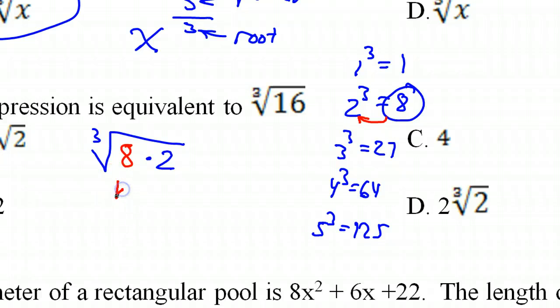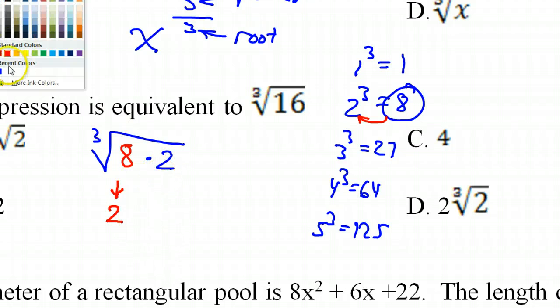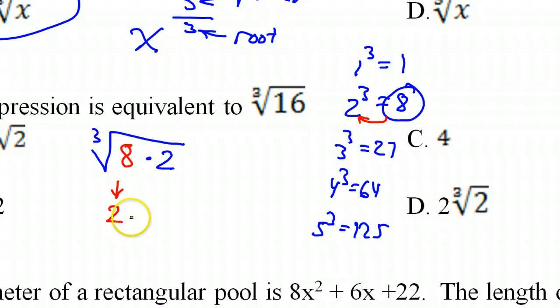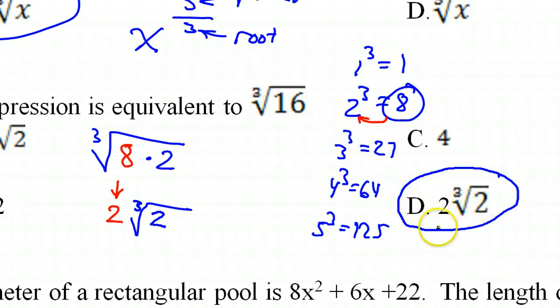So that's why this is going to become just plain old ordinary 2, not cube root of 2, just 2. Now, the blue part just stays the way it is. I've got the cube root of 2, so this is going to stay cube root of 2. So I have 2 cube root of 2. That's the answer. So that's why the answer to this one was D, 2 cube root of 2.